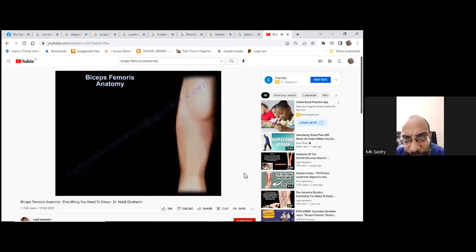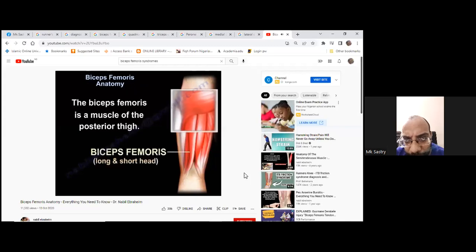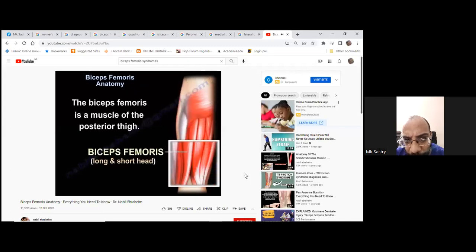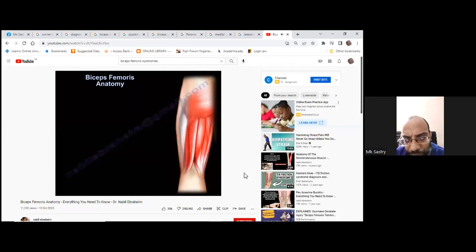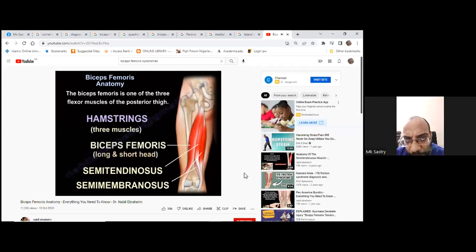Biceps femoris anatomy. The biceps femoris is a muscle of the posterior thigh. It has two heads, a long head and a short head. The biceps femoris is one of the three flexor muscles of the posterior thigh. They call them the hamstring muscles. What are the three muscles?